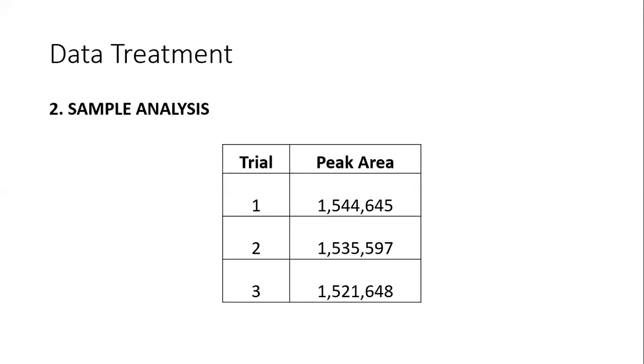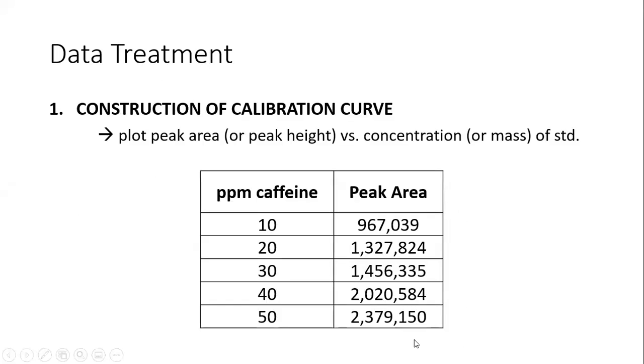Okay? So paano kung halimbawa yung sample nyo masyadong mataas yung peak area? So lampas na siya dito sa peak area nung highest calibration standard nyo. So what you could do is you can dilute your sample. So just take note of the dilution factor and then run it again through the HPLC. So dapat yung peak area, yung response ng instrument nyo should be within the range of your calibration curve.